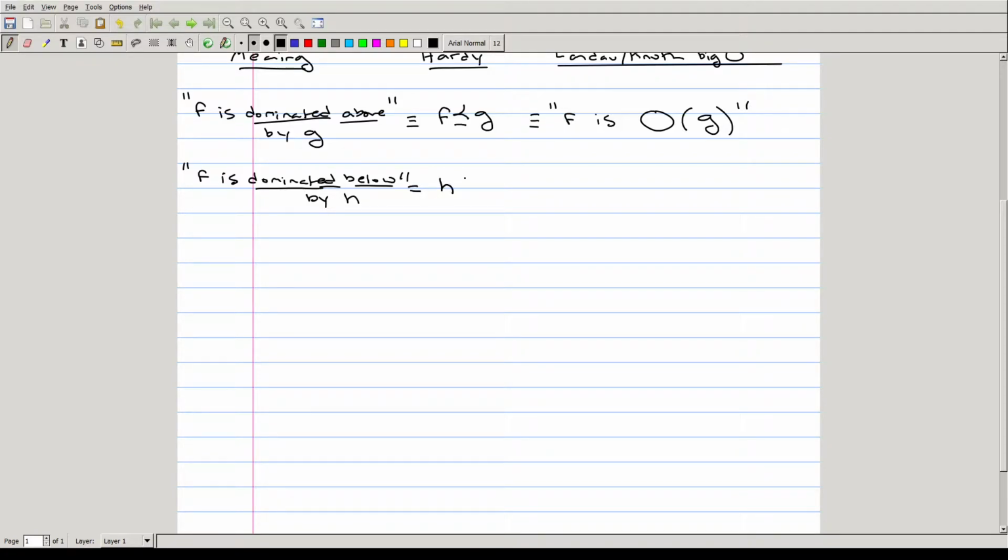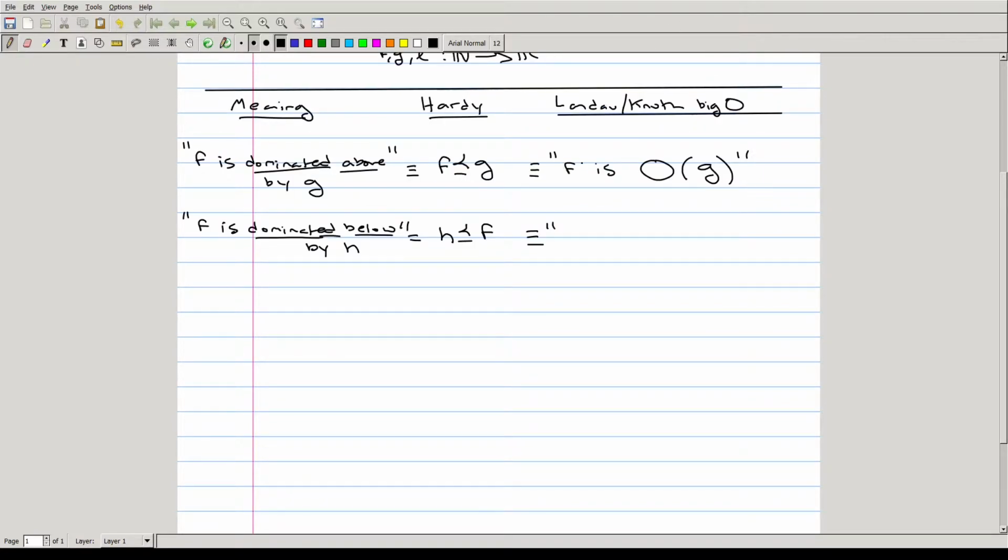This is a very nice expression. h is dominating f below, and very shortly we'll show that in Landau Knuth big O notation, this is the same statement saying that f is big omega of h.